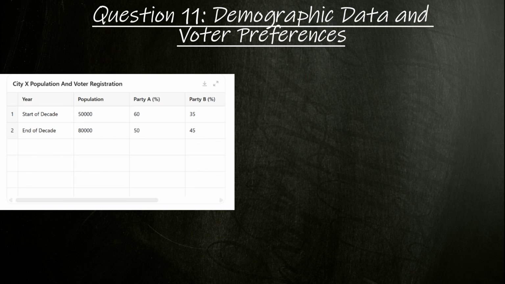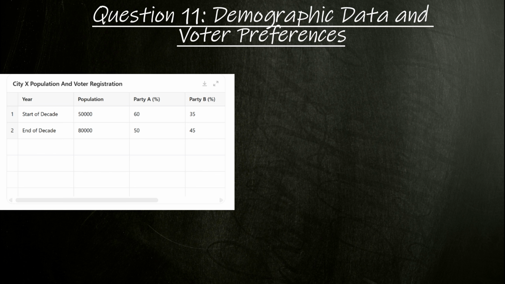This table helps us see two trends happening at the same time. First, City X's population is growing. Second, voter registration is shifting, with fewer people registering for Party A and more people registering for Party B. The table makes it easy to compare these changes side by side and understand how things have evolved over time.